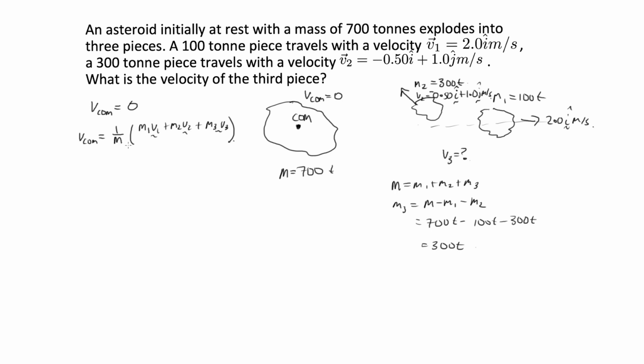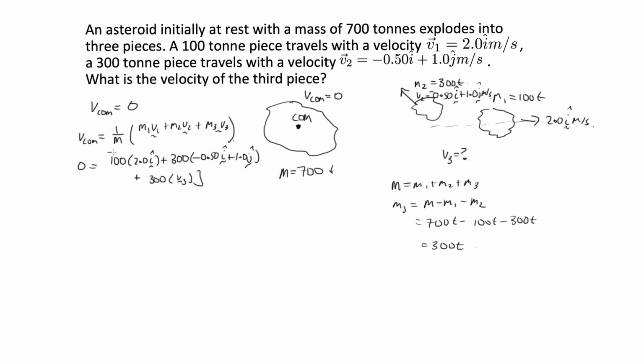So I can say that 0 is equal to m1, which is 100 times v1, which is 2i, plus m2, which is 300 times v2, which is minus 0.50i plus 1j, plus m3, which is 300 tons times v3.